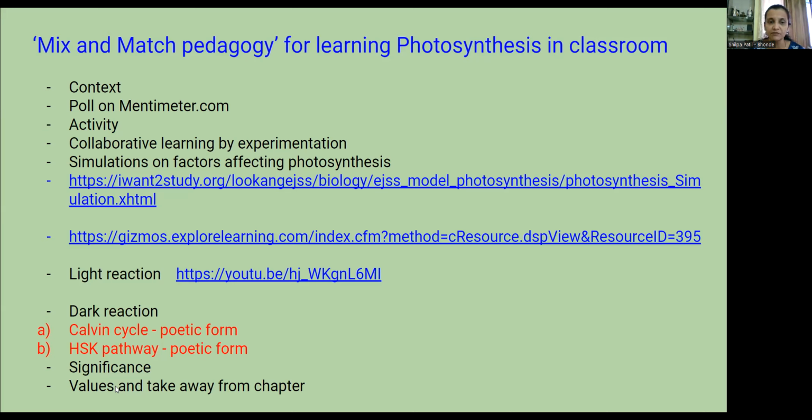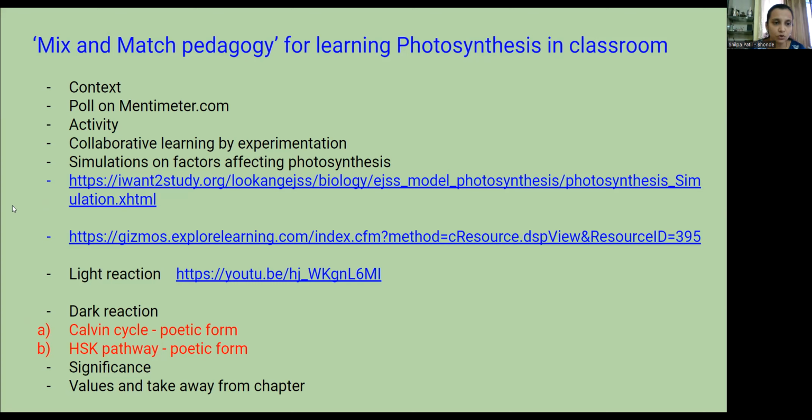This is my idea, and I'm implementing this in my classroom. If we design every unit or every topic this way, then students will enjoy it, and learning will be really with targeted outcome. So let's start with that.